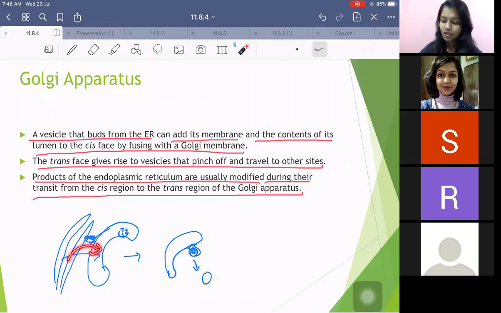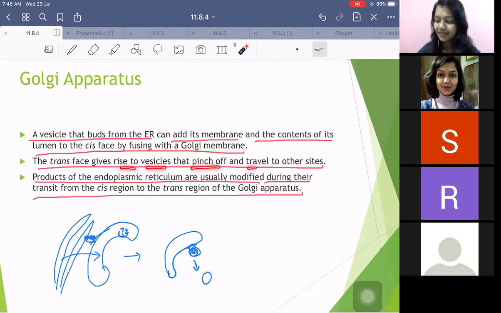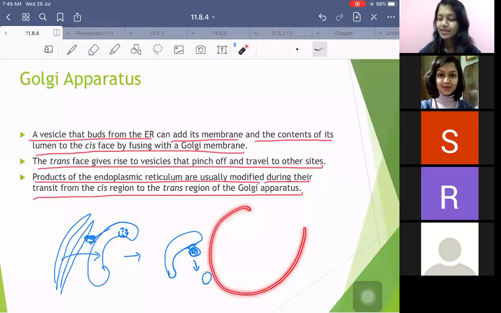And same process. From the Golgi, it will come out into the cytoplasm. The final processing will be done in the Golgi body. The trans phase gives rise to vesicles that pinch off and travel to other sites, right? The trans phase of the Golgi body, from there the vesicles will pinch off and travel to other sites, maybe in the cell or outside the cell.